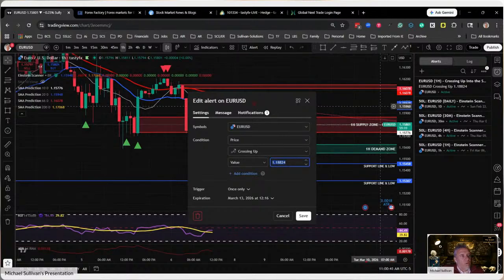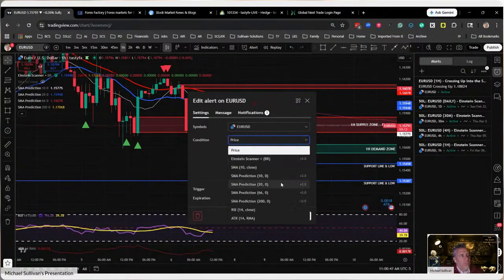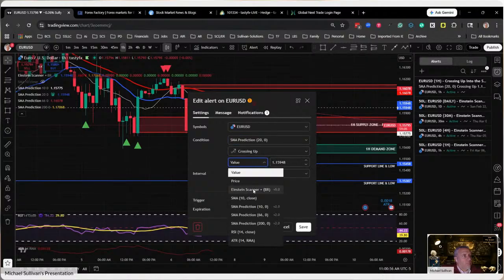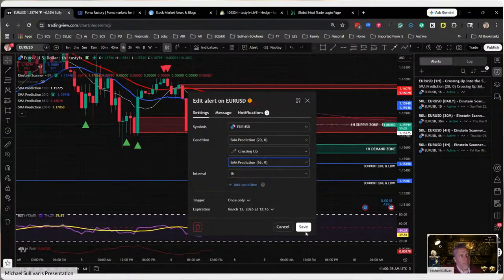So what I would do if I wanted to turn this one, I don't care about this alert anymore. So if I wanted to turn this into that, I would change it for SMA 20 crossing up on the 66.